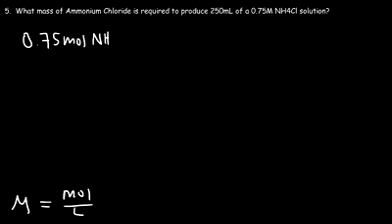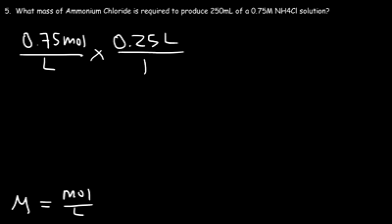Now, we're not going to change the substance, so we don't need to write NH4Cl. So I'm just going to write this, 0.75 moles per liter. Now, we have the volume of the solution, 250 milliliters, and if we divide that by 1,000, that's 0.25 liters. So you want to multiply the molarity by the volume because, if you notice, the unit liters will cancel, and now we have the moles of ammonium chloride.